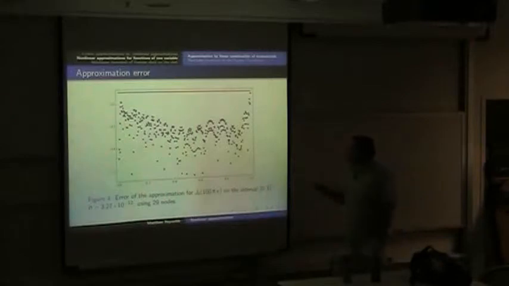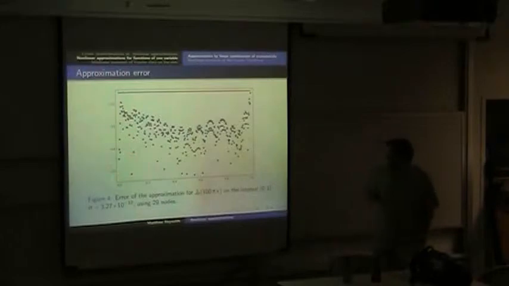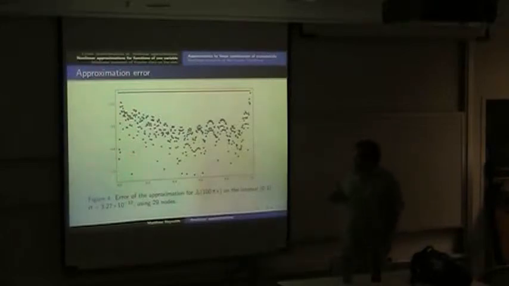And using 29 nodes, this line represents that, and you can see that we can reproduce the sequence that we initially put in with that error. But also remember that we do this with decaying exponentials, so if we take this approximation and take the limit as x goes to infinity, it's going to go to 0.